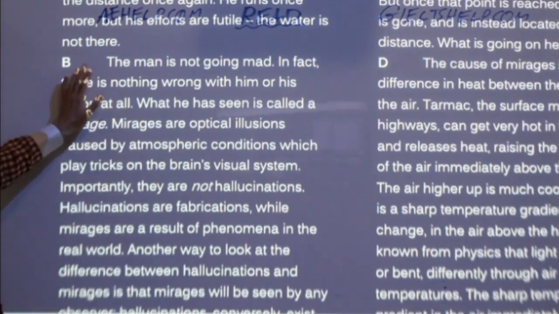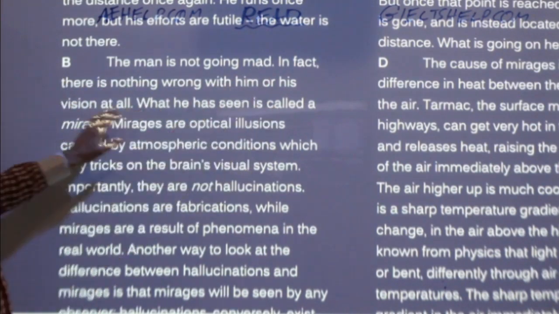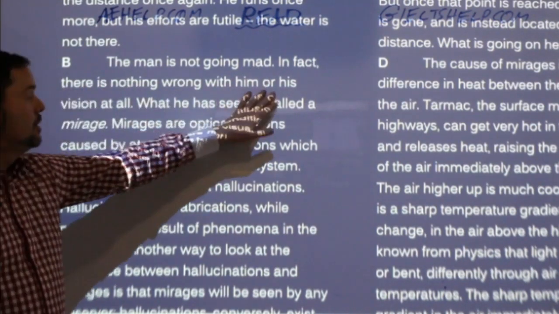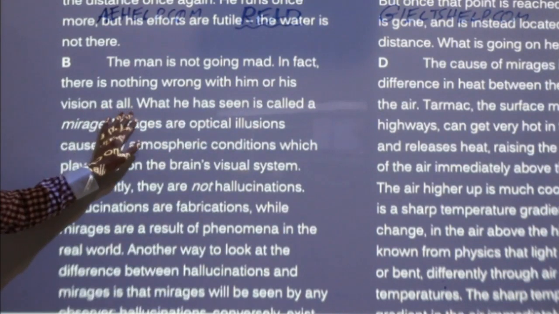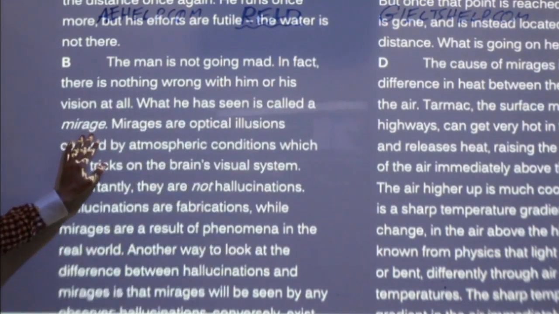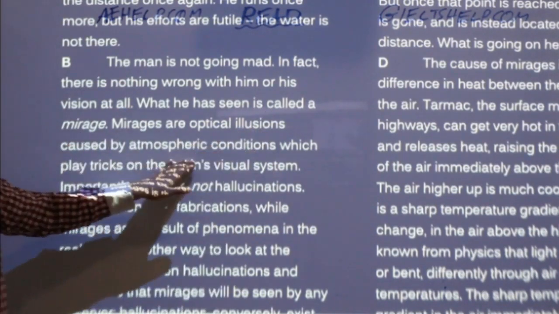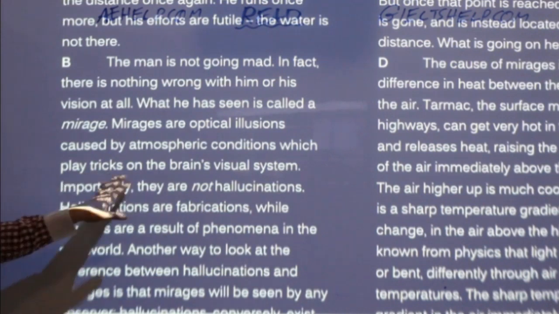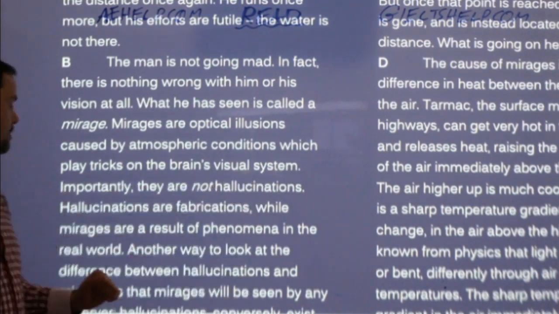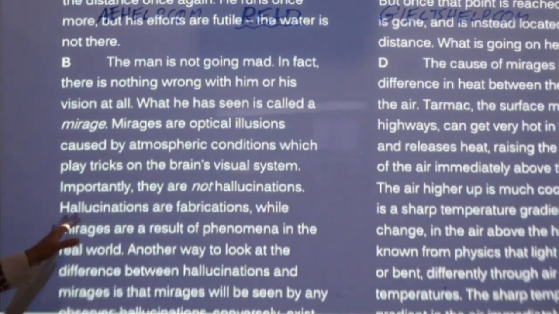Let's read together. B. The man is not going mad. In fact, there's nothing wrong with him or his vision at all. What he has seen is called a mirage. Mirages are optical illusions caused by atmospheric conditions which play tricks on the brain's visual system. Importantly, they are not hallucinations.